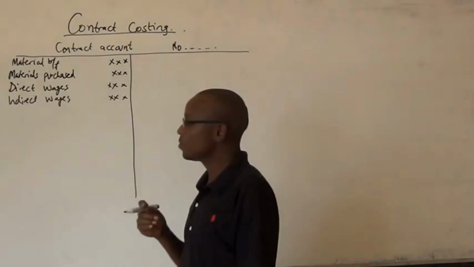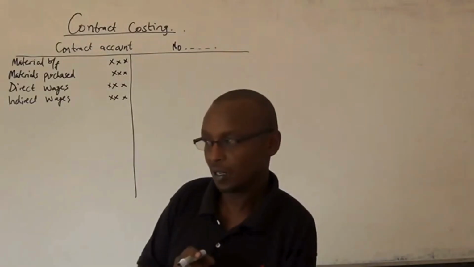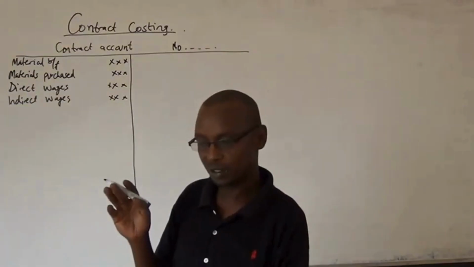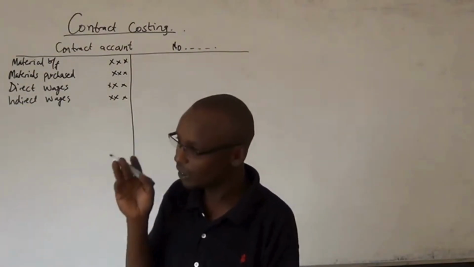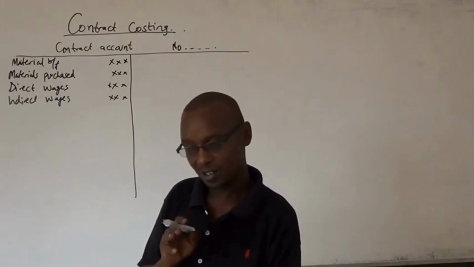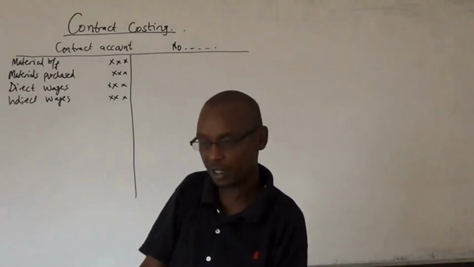Then sometimes in big contracts, we have a contractor who has been contracted to construct a building, isn't it? When it comes to electrical works, he subcontracts another person to come and do the electrical.